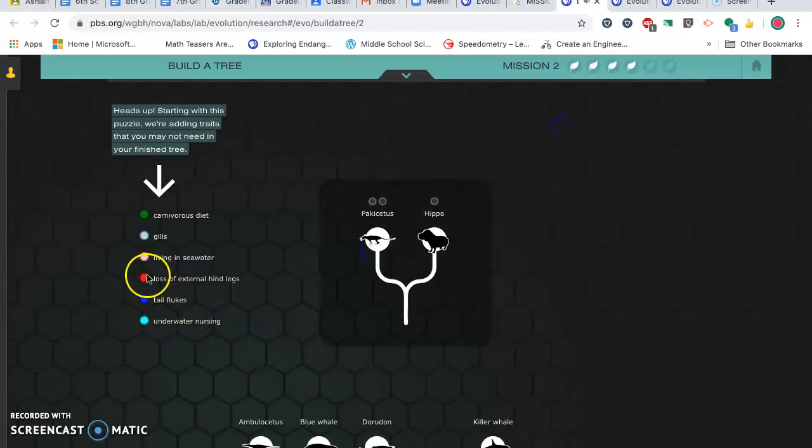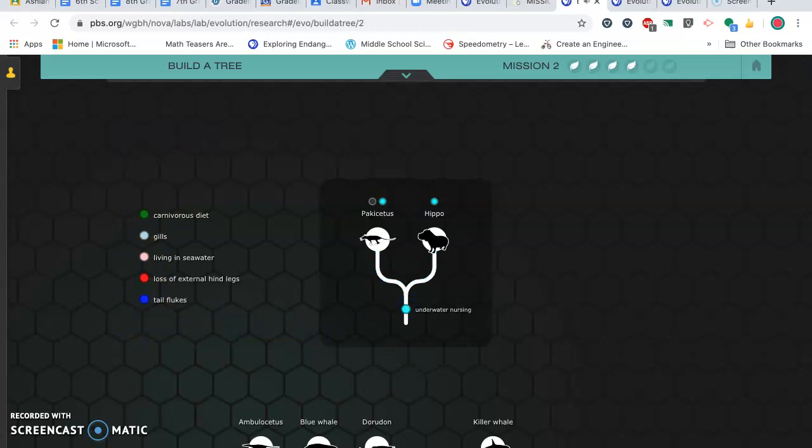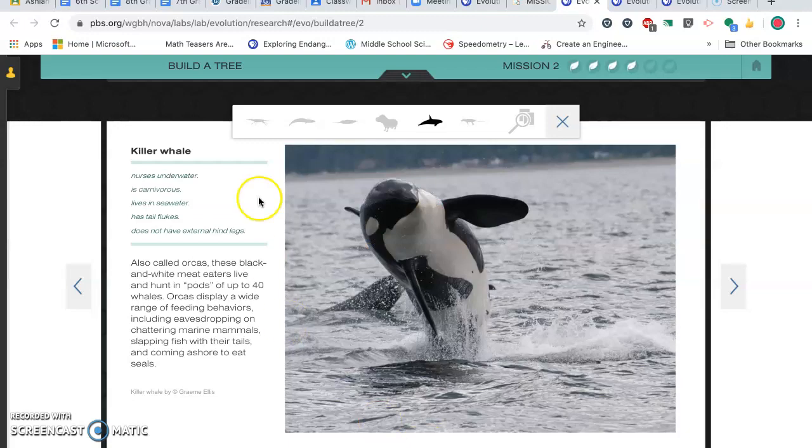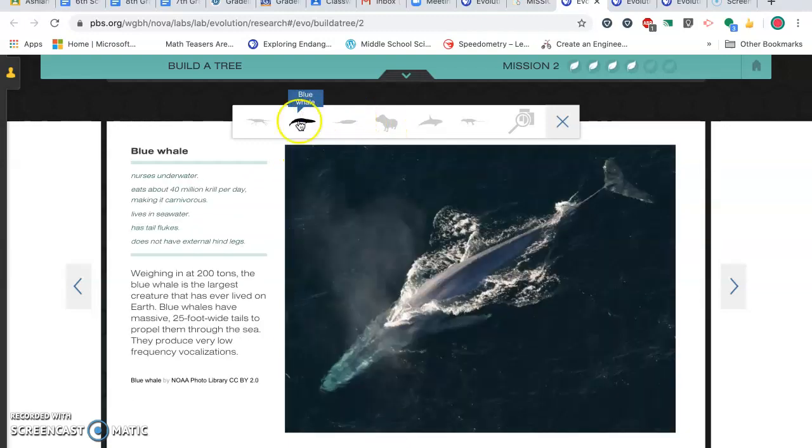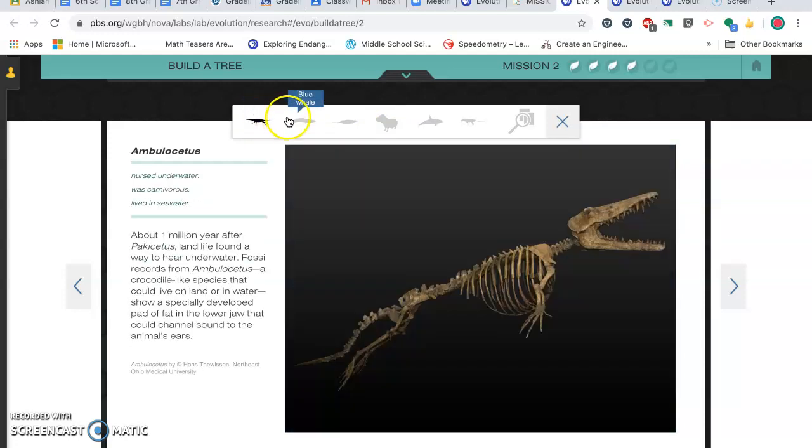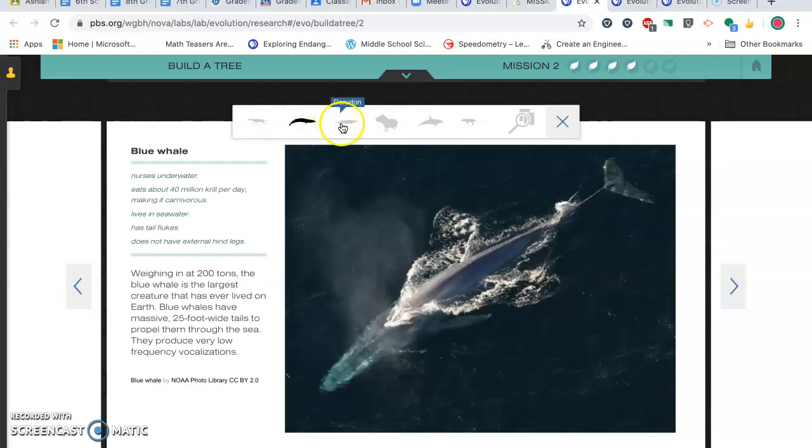And our common characteristic, which is going to be the common characteristic of all of these animals, is that they have underwater nursing. Now, are the rest of these animals carnivorous? Let's check. Killer whale is carnivorous, carnivorous, carnivorous, carnivorous. So they're all carnivorous.